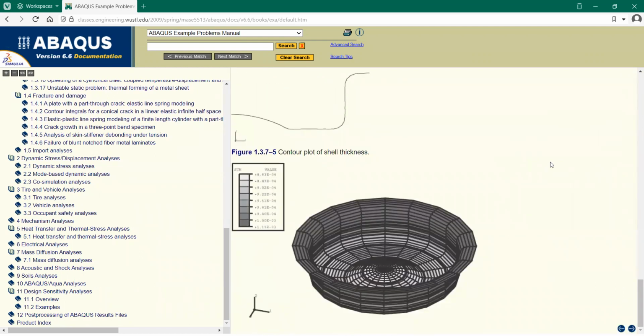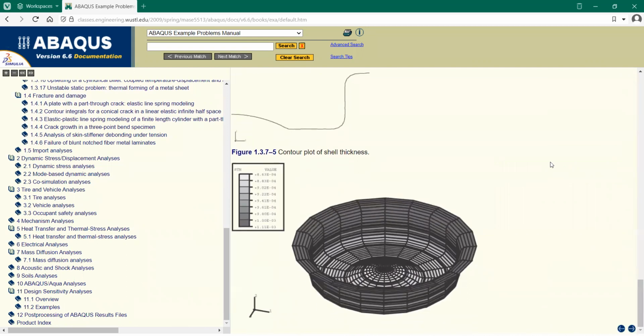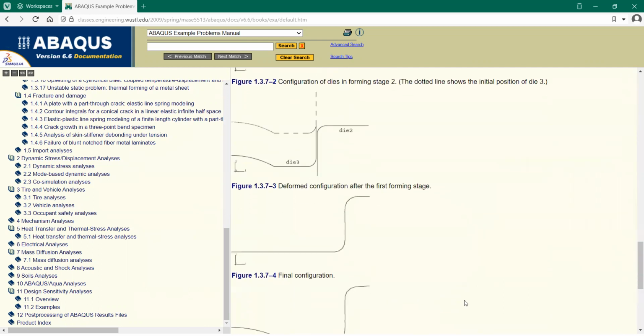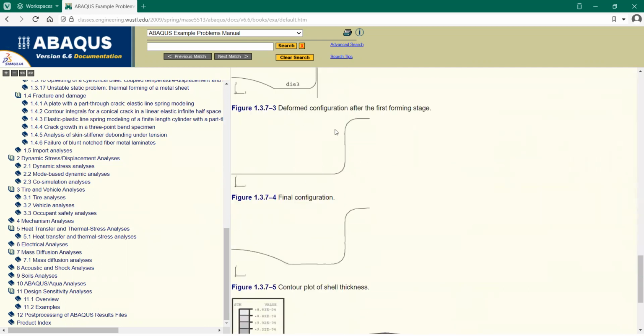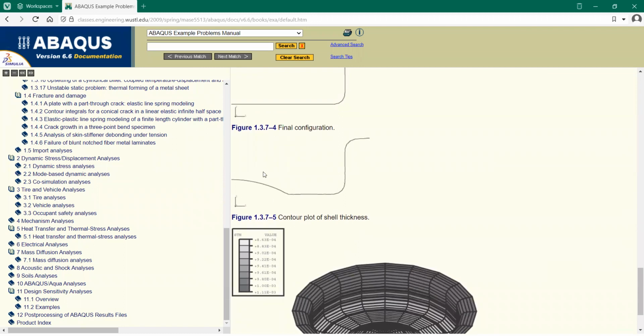So shell thickness. Here we have a nice cup. You don't need a 3D geometry because it is perfectly symmetric. This is the deformed configuration, final configuration. These are perfectly symmetric. If you just revolve this geometry about this axis, you can form a 3D geometry like this.